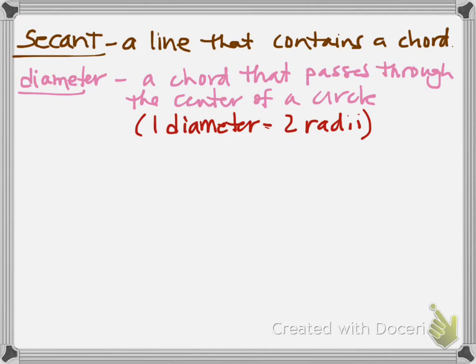Okay? And that chord could be on a secant because it could be part of a line. Okay? But the portion that goes from circumference to circumference, that piece is still called a chord. But if it's part of a line, then that whole thing's called a secant. Okay? All right, I'll draw a picture in just a moment.